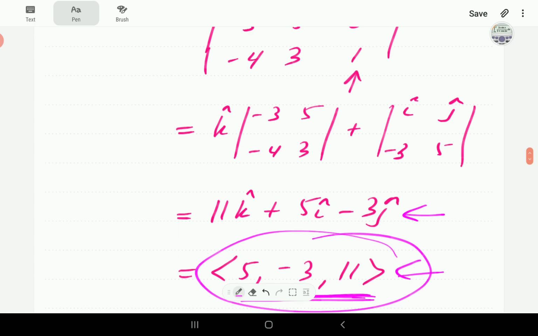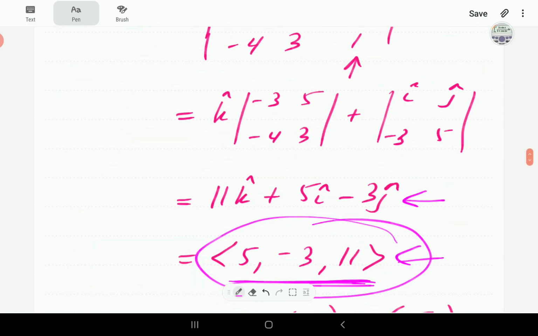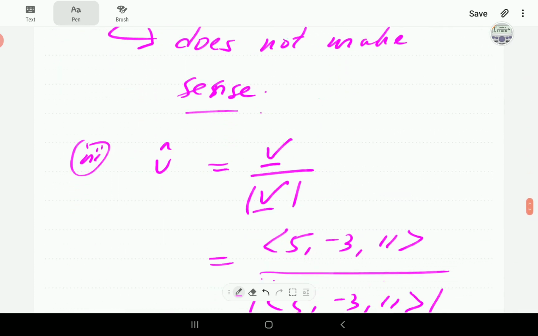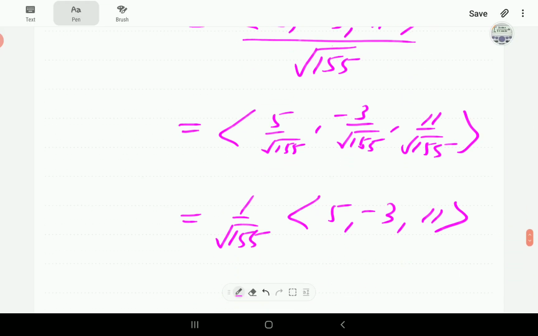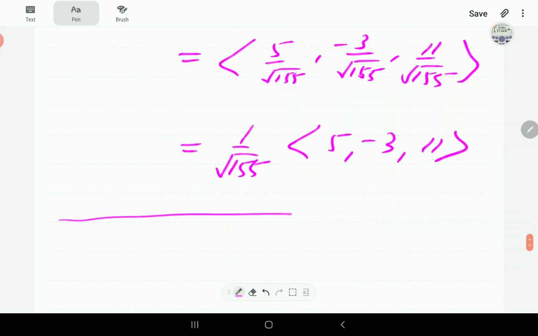Next question, B. Show that A, B, and C are sides of a triangle.